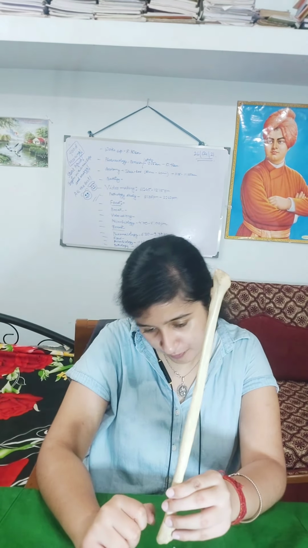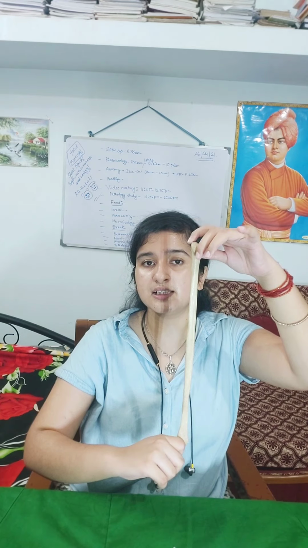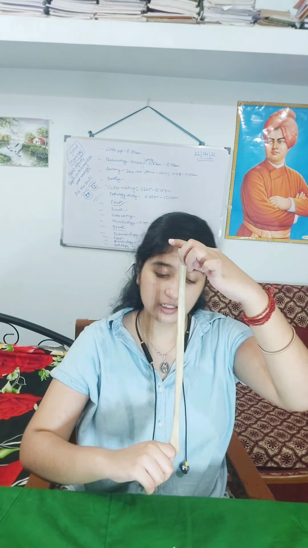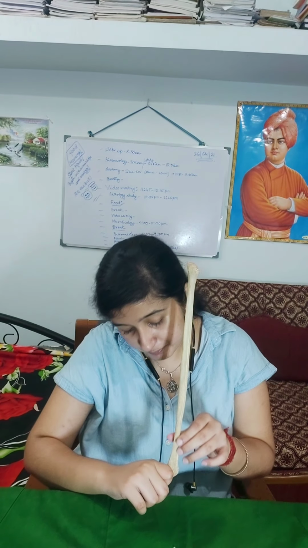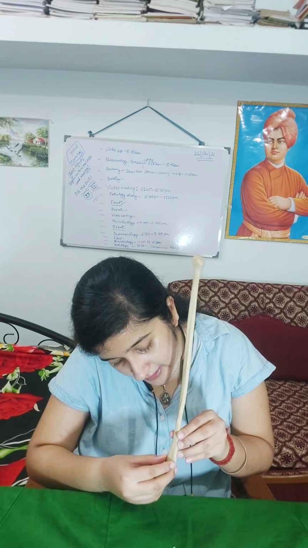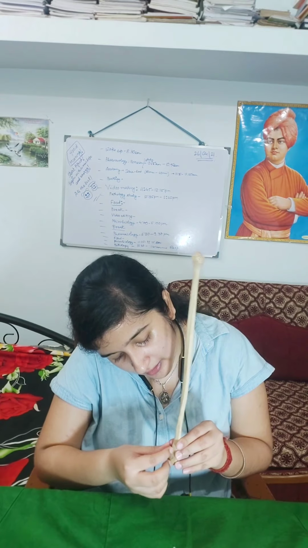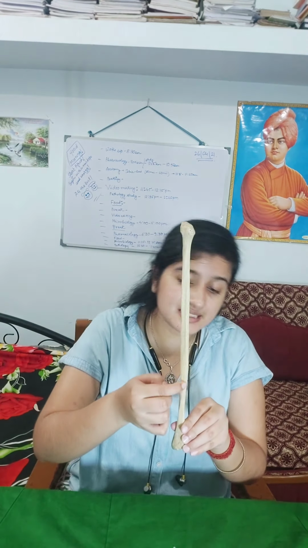We said that the styloid process should be facing posterolaterally. So, let us hold this and see. You see this styloid process is facing posterolaterally. Now let us find out the anterior border. See these 2 lines join to form this anterior border.